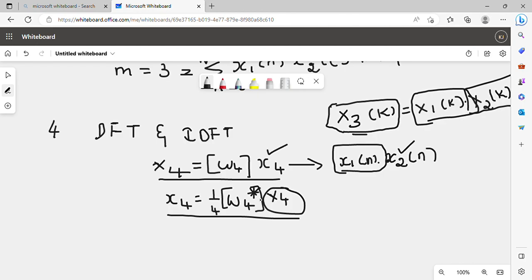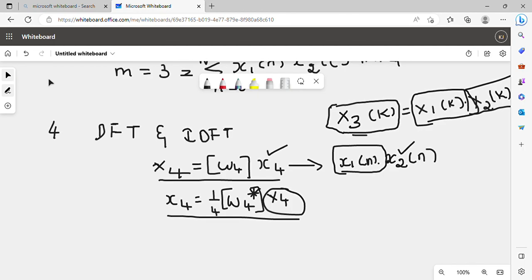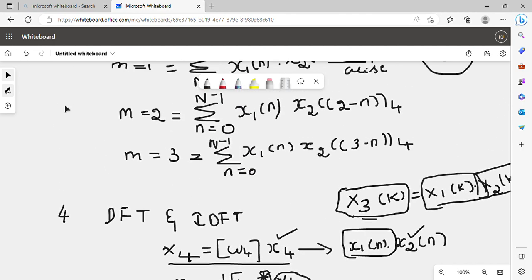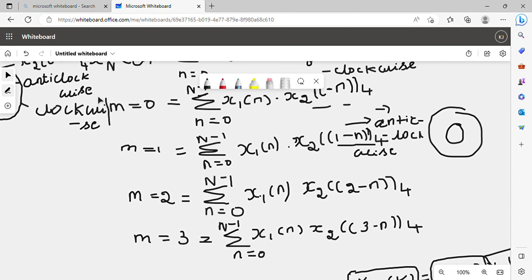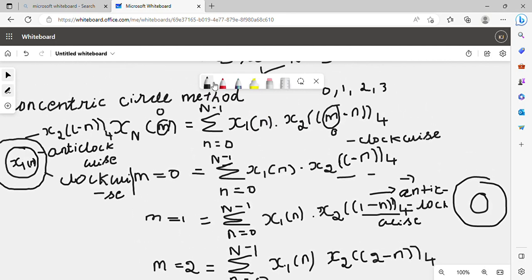Yes. So this is for the revision class. The concentric circle method and this are all circular convolution methodologies. This was also including a 4-point DFT, so I did it. This is really important, right?